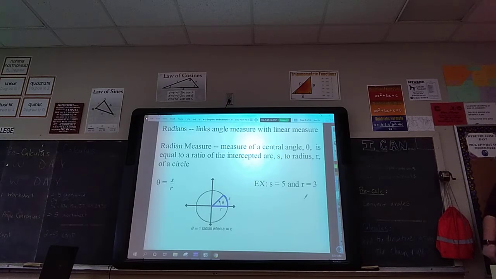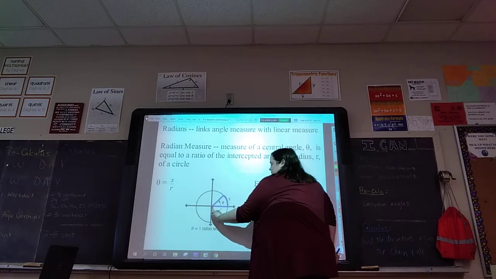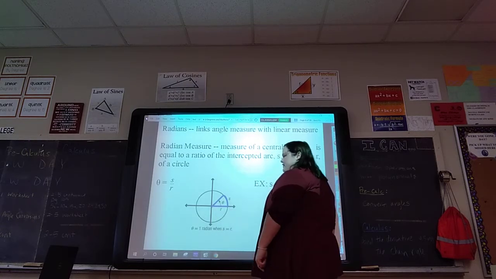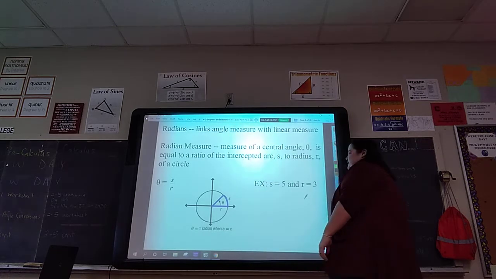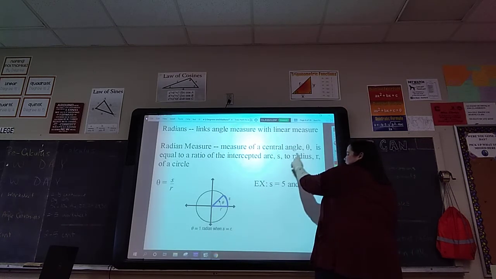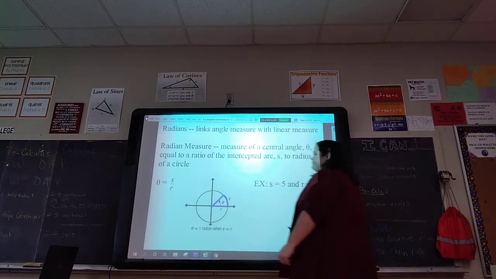So what they did was they created a ratio, and they now call that another way to measure an interior angle. Because for the most part, when we talk about angles, there were triangles. But with this radian measurement, it links the central angle, which comes from the initial side rotating to the terminal side. That's what the theta is right here.